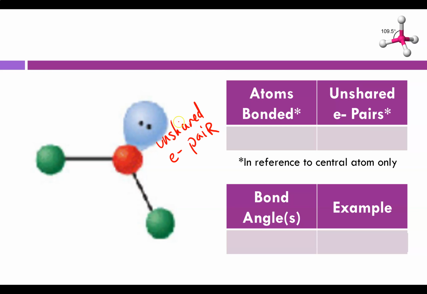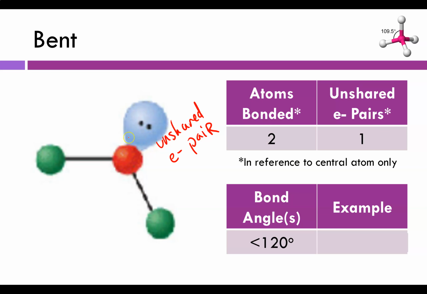That's what this little cloud with two dots in it is supposed to represent. It's an unshared pair of electrons. So it looks like a bent molecule. Yeah, we call it bent. In this case, we've got two atoms bonded to the central atom and one unshared pair of electrons. Bond angles tend to be a little bit less than 120 degrees.